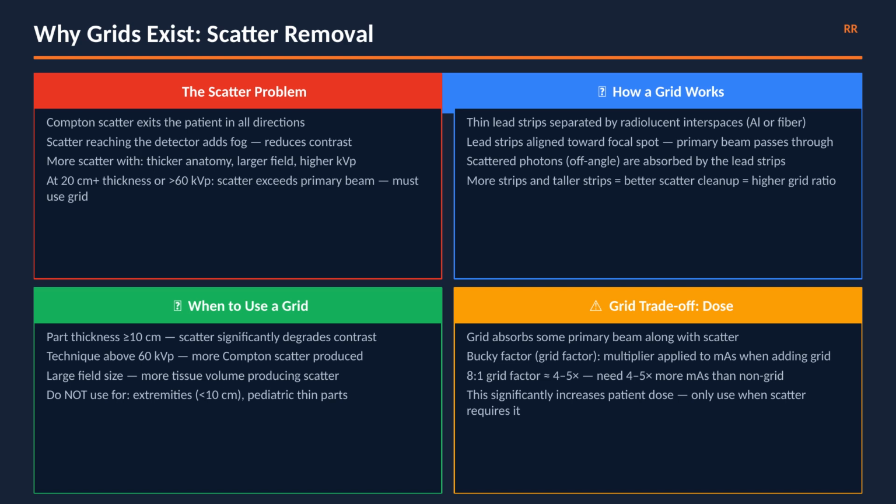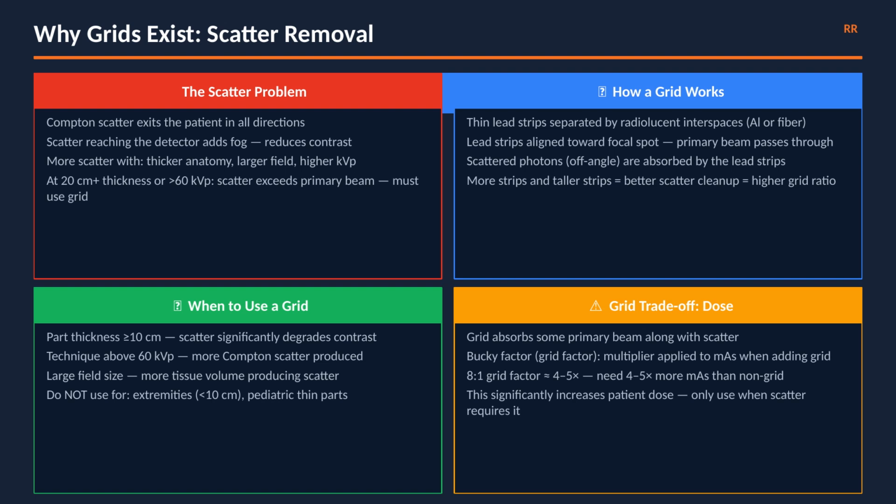How a grid works. The grid is a flat device placed between the patient and the image receptor. It consists of thin lead strips separated by radiolucent interspaces of aluminum or fiber. The lead strips are aligned toward the X-ray tube focal spot.